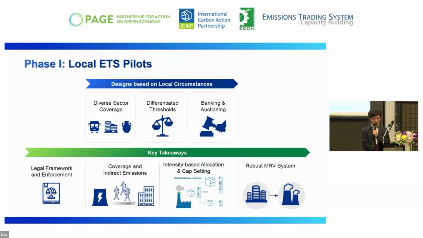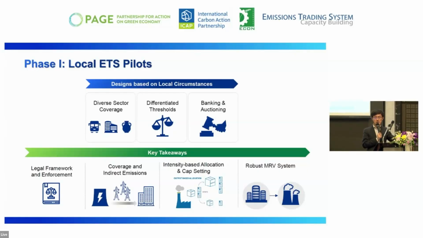But with time passing, the starting threshold for Hubei, which was 26,000, has already been updated, since last year or two years ago, to 13,000 tons per year for their emission threshold. So they are trying to cover more because of the implementation of China National ETS.